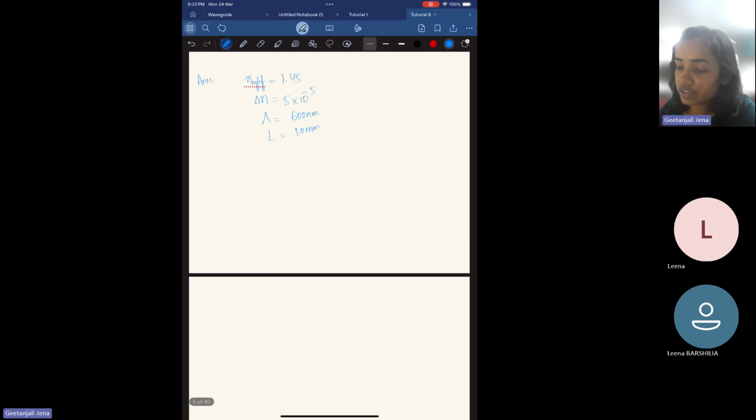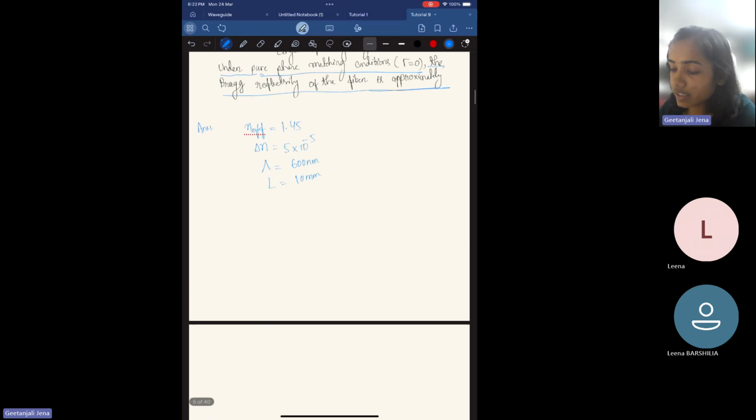If you recall the lecture, reflectivity is given by R is tanh squared of kappa L, where kappa is the coupling coefficient of the fiber Bragg grating. Kappa is not given, so we need to find out what kappa is first.